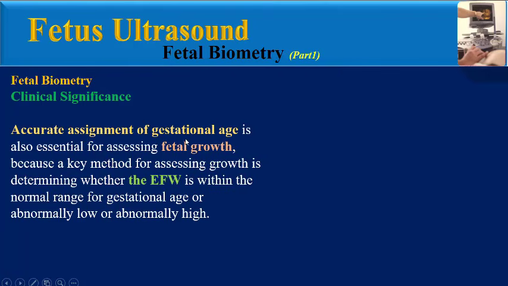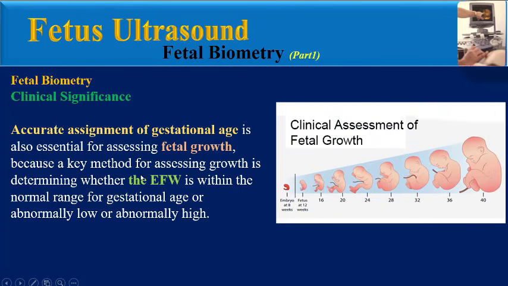Accurate assignment of gestational age is also essential for assessing fetal growth because a key method for assessing growth is determining whether the estimated fetal weight is within the normal range for gestational age or abnormally low or abnormally high.